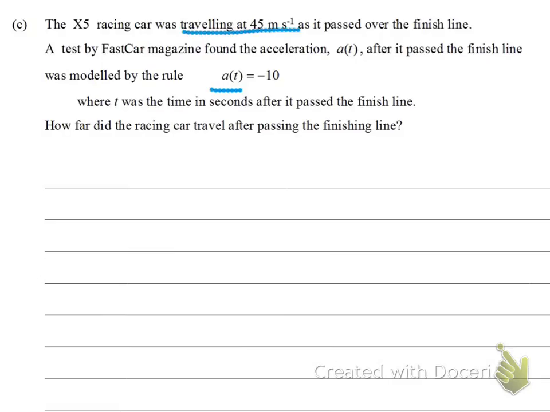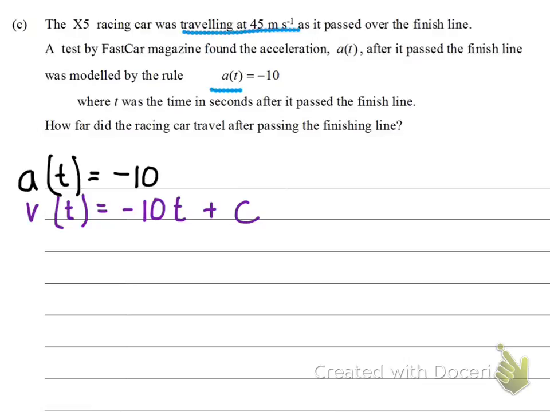For this one here, you're given the acceleration. You're told that the car was travelling at 45 meters per second, perhaps like the one that just went past, as it passed over the finish line. So the acceleration is given there. We want the speed, the velocity. So we add 1 to the power, reduce the power by 1.